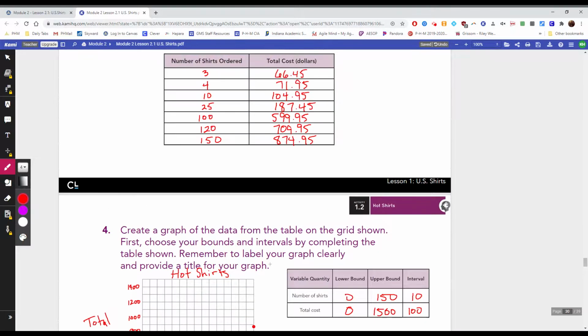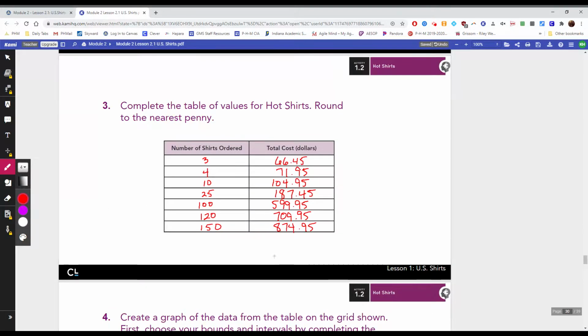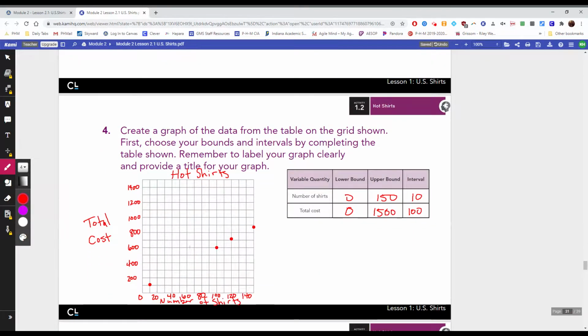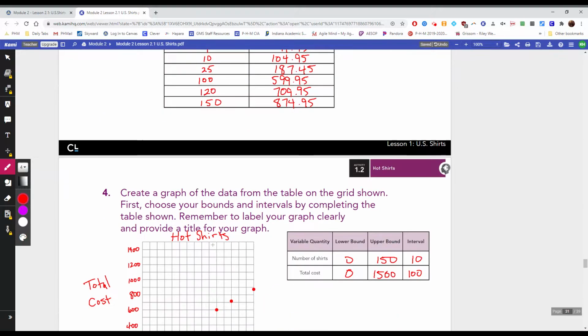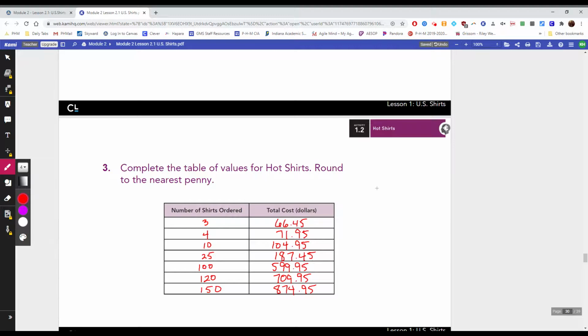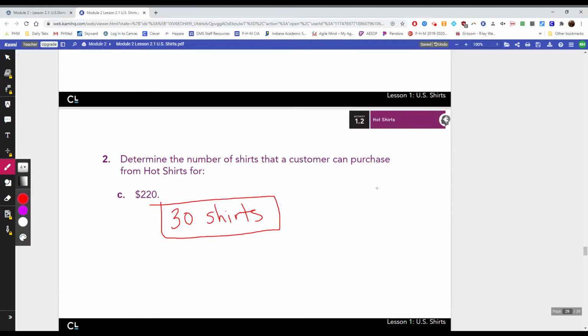Right in there. I think that probably gives us a pretty good picture. We could put the 25 one on there probably. So 25, 187.45, just under 200. Somewhere right in there. Excuse that bell.